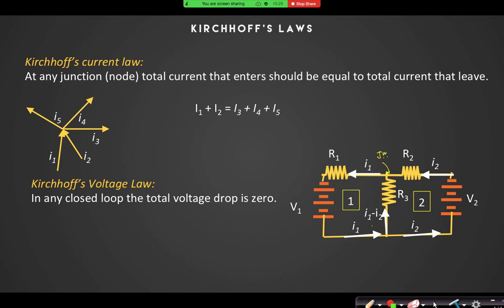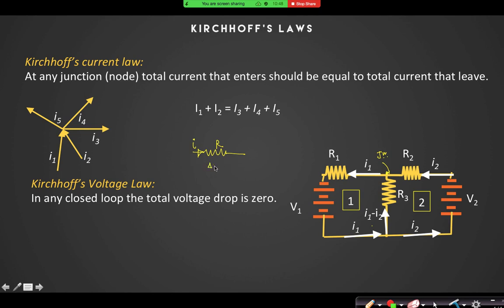That comes from the very basic Ohm's law. Ohm's law says that if there is a resistance and current flows in this direction, will the potential increase or decrease along the direction of current? Decrease, right? Potential will decrease.